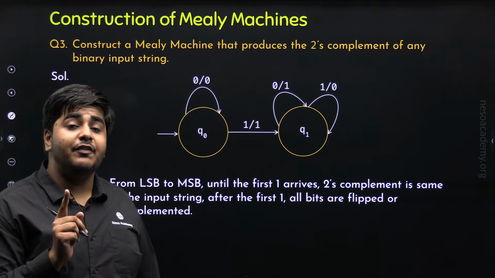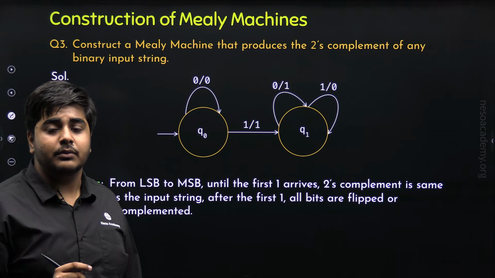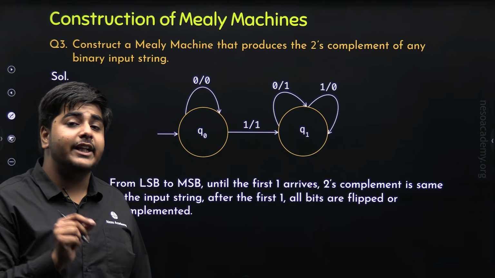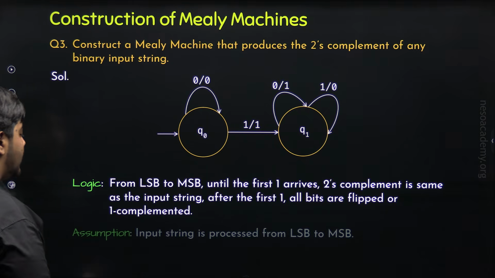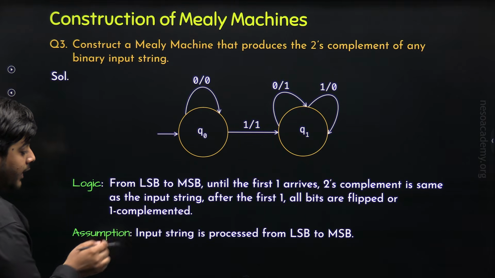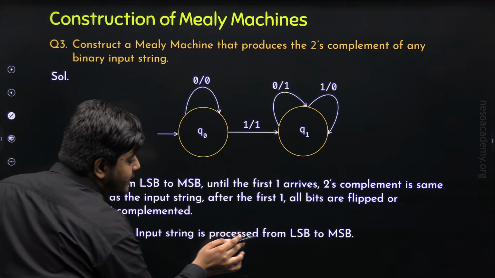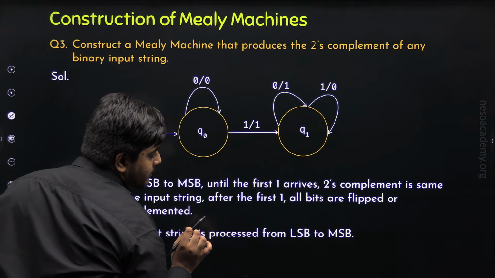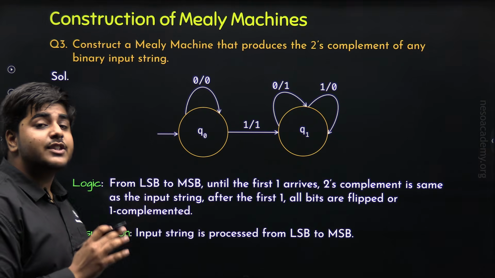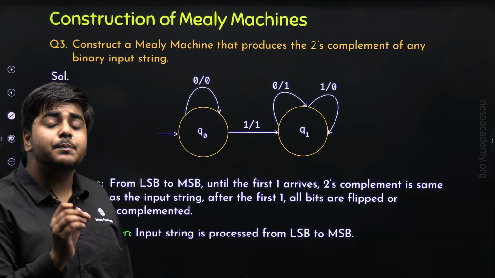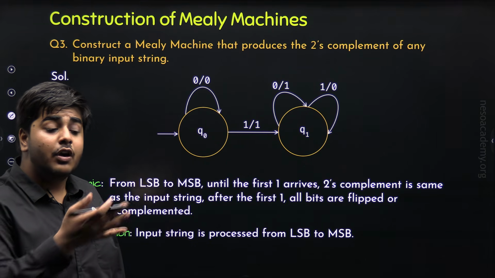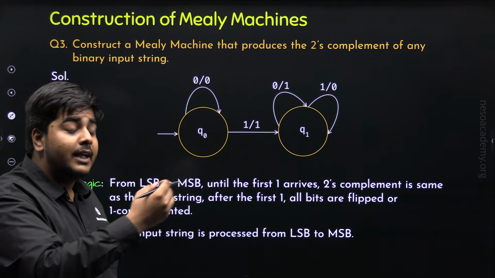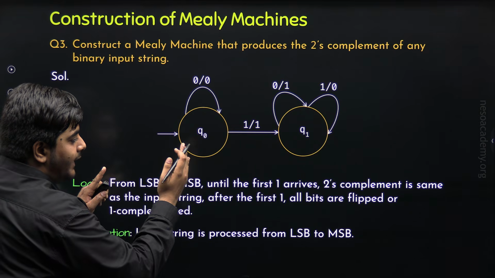Now one thing is left to mention in this particular solution, which you need to write in your exam. That is assumption. Input string is processed from LSB to MSB. In all the previous questions, we always processed the input string from MSB to LSB, that is, from left to right.